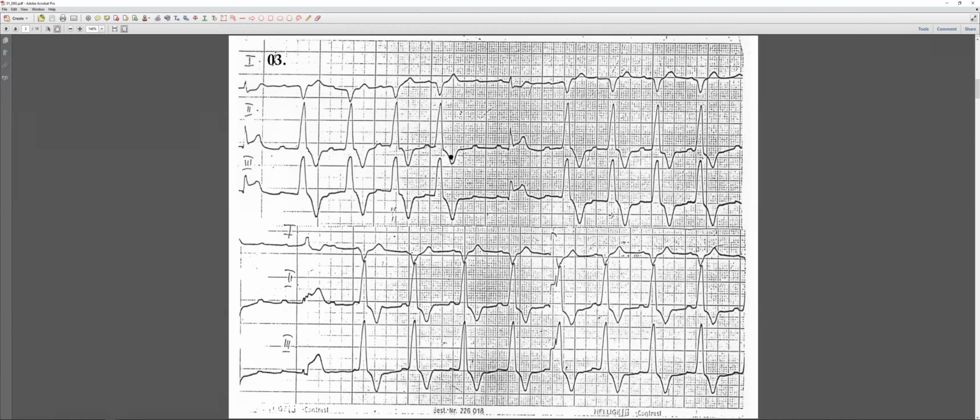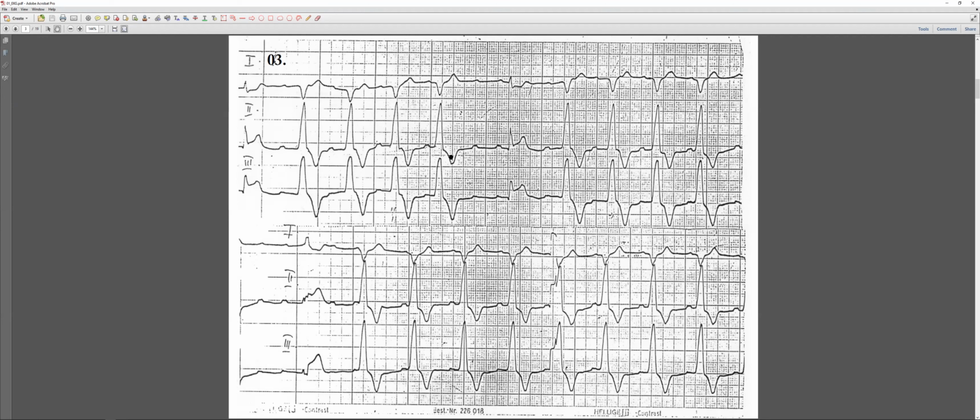What kind of features can we have here? First of all, we see the escape rhythm. And the characteristic of high degree block is that we also have fusion and capture beats. Which is a fusion and which is a capture?